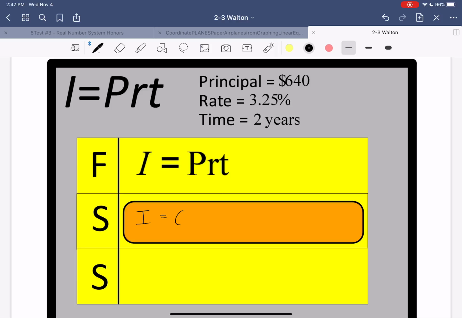So we have a principal amount of $640 times a rate, again remembering that we have to take that decimal and move it 2 places to the left before we put it in our formula, and our time of 2 years. So go ahead and get that into your calculator and see what you get as your answer.